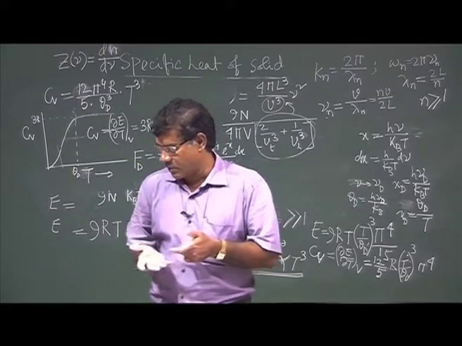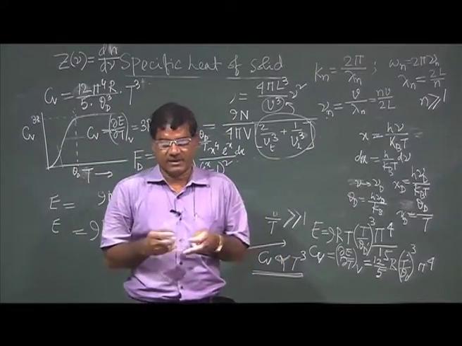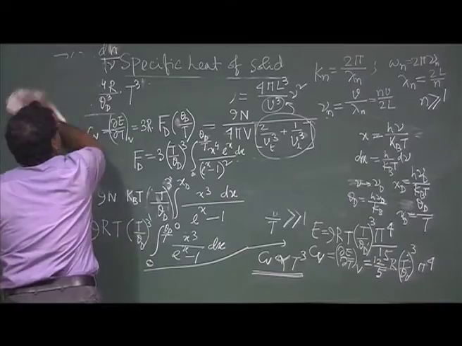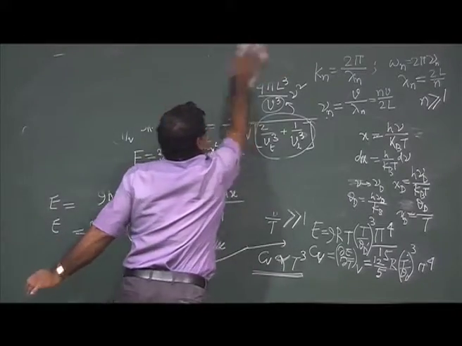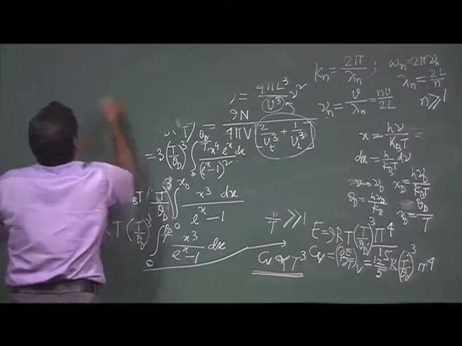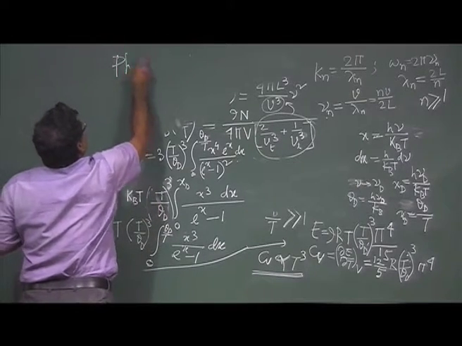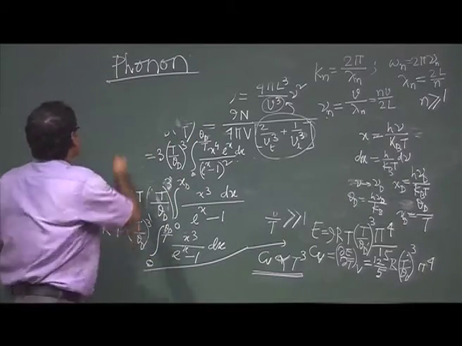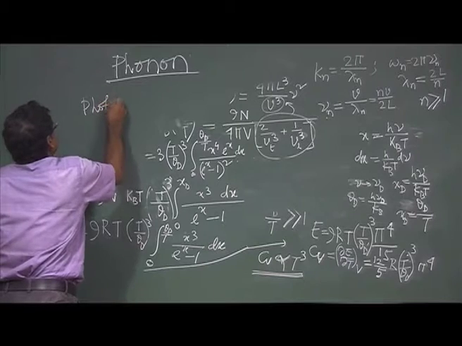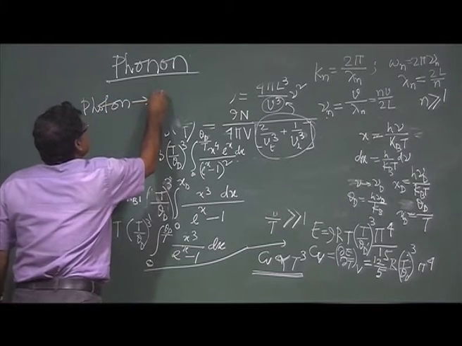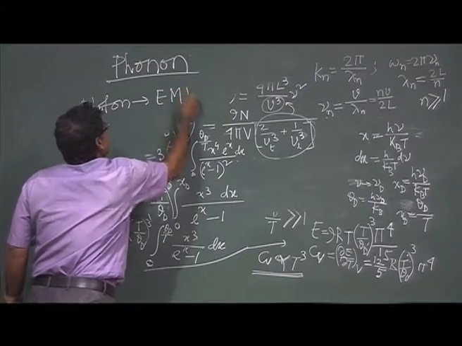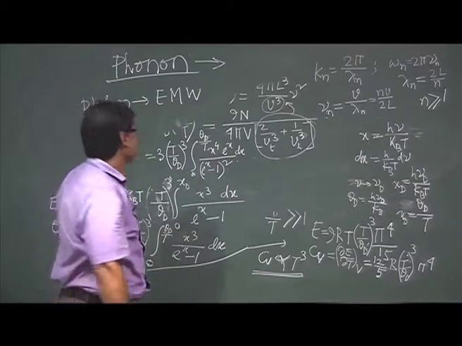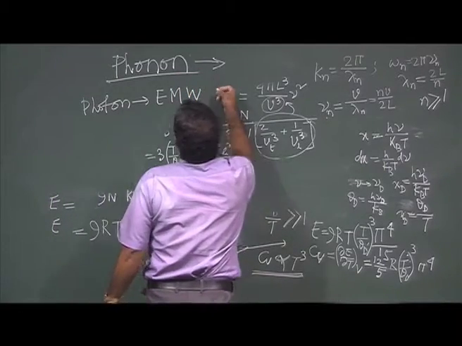What is a photon? That is from the photoelectric effect, right. So light wave is an electromagnetic wave. So I will give some preliminary concept of the phonon. Okay. It is equivalent to the photon. So the photon is in case of the electromagnetic wave, and in a similar way the phonon is in case of the elastic wave.